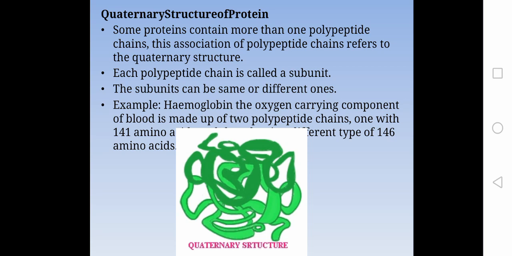Example, hemoglobin, the oxygen-carrying component of blood, is made up of two polypeptide chains, one with 141 amino acids and another with 146 amino acids.